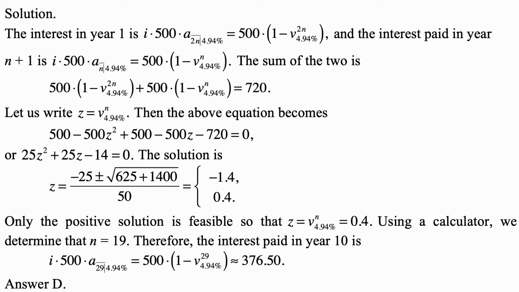Or we can just simplify it and write it as 25z squared plus 25z.